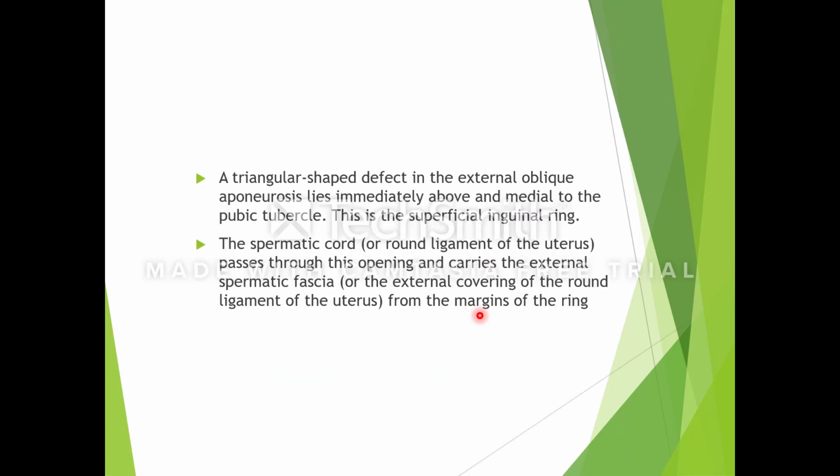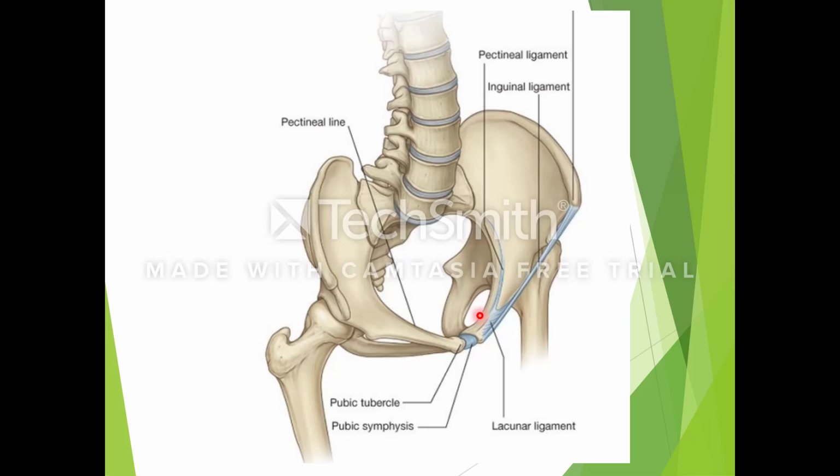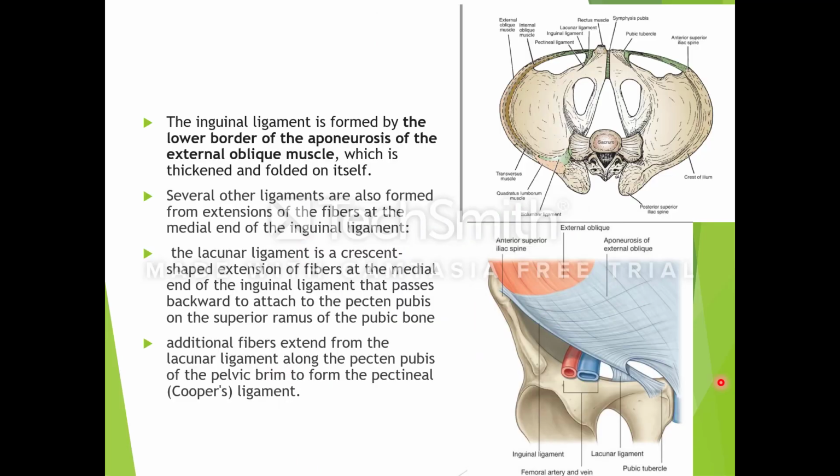A triangular shaped defect in the external oblique aponeurosis lies immediately above and medial to the pubic tubercle. This is named as superficial inguinal ring. See here in this diagram, this is pubic tubercle. This is the external oblique aponeurosis. When this external oblique aponeurosis is coming down, there will be one defect in it which is named as superficial inguinal ring.